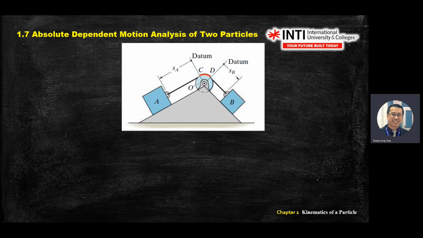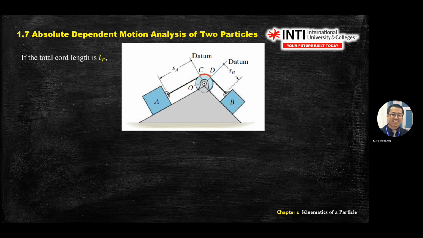I mean, if you differentiate with respect to time, SA will change. When SA changes, it becomes velocity. When you differentiate one more time, it becomes acceleration of A. Same with SB. But if you differentiate the length of CD, you always get 0 because this section doesn't change. And the total length also doesn't change. Agree?